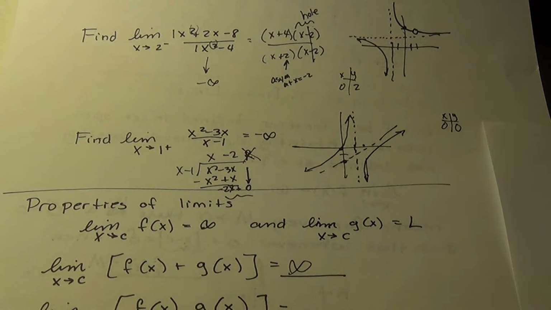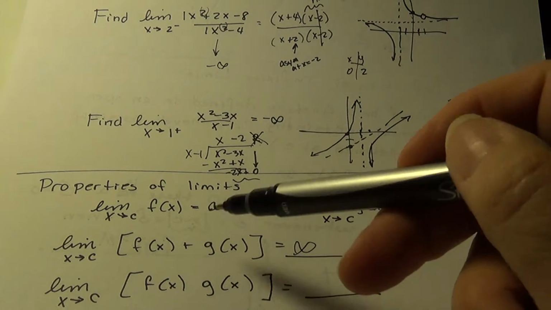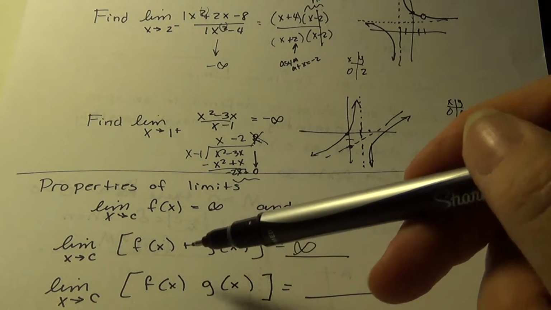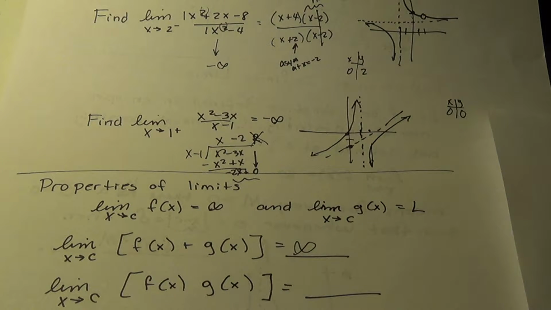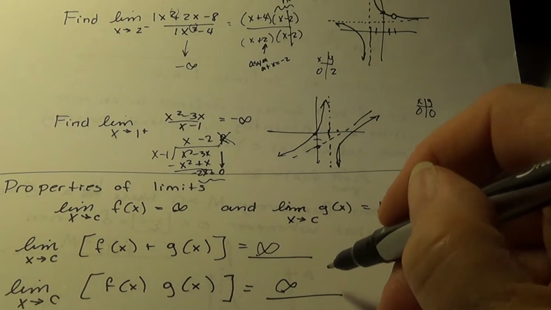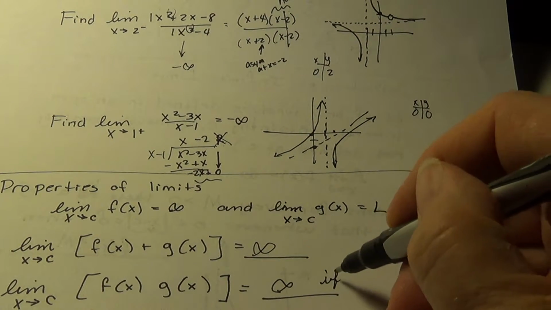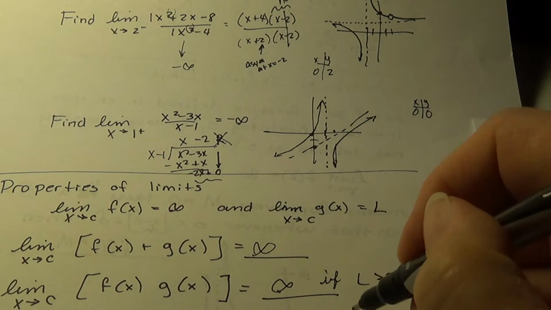So positive infinity. What about if you multiply the two? We're multiplying something with an infinite limit and one with a finite limit. As you might have guessed, it is also infinite. That's if L, this L right here, is positive.